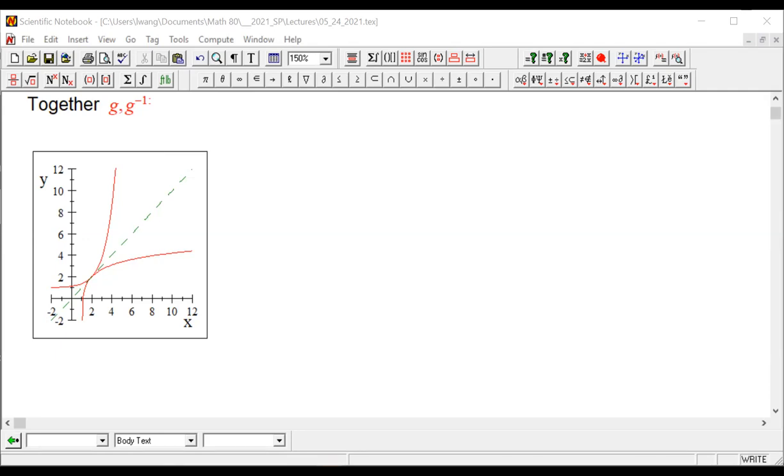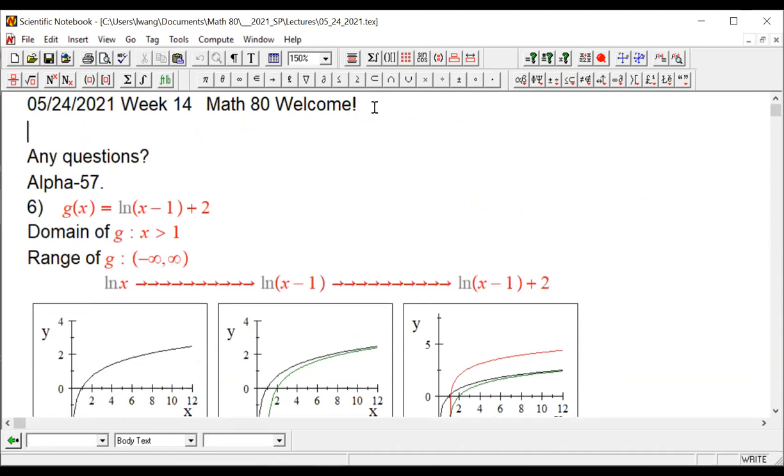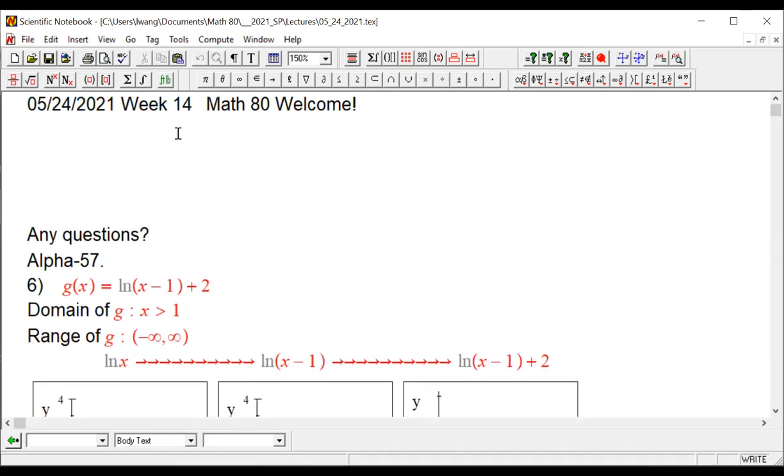So now we have done quite a lot of graphing, right? And we're going to proceed to work on alpha 58. We've been in the logarithm for quite some time, right?